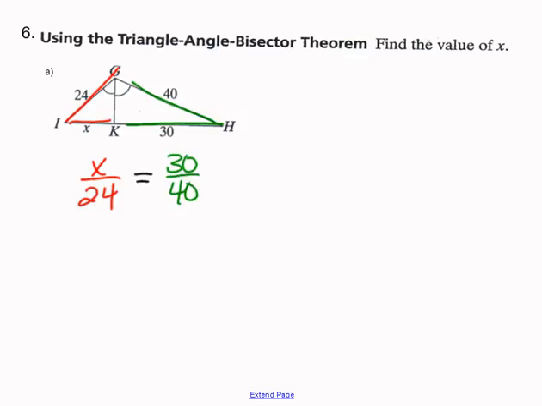Okay, to make this easy, I'm going to divide both sides by 10, so I end up with 3/4. So I got 4x equals 72. So then I can divide, and I end up with x equals 18.